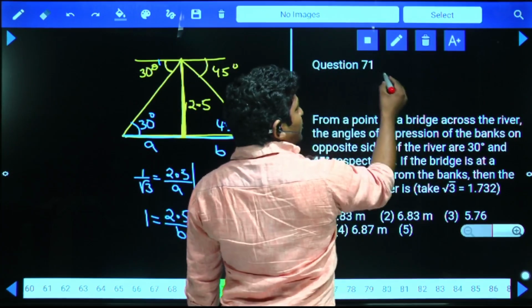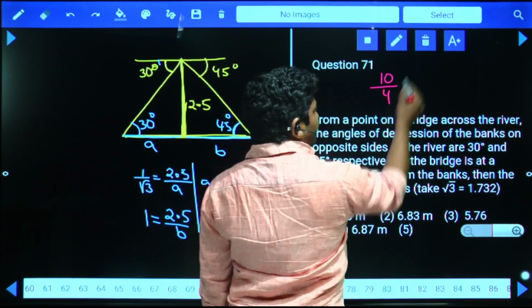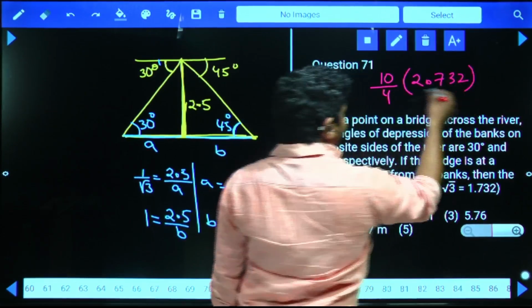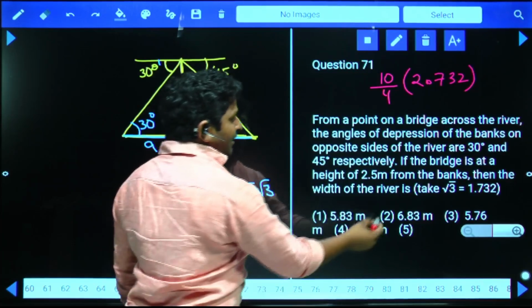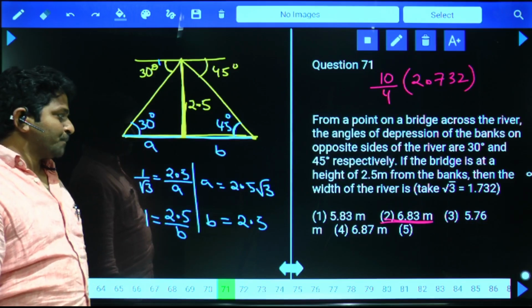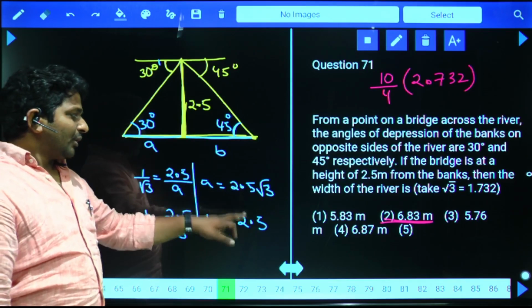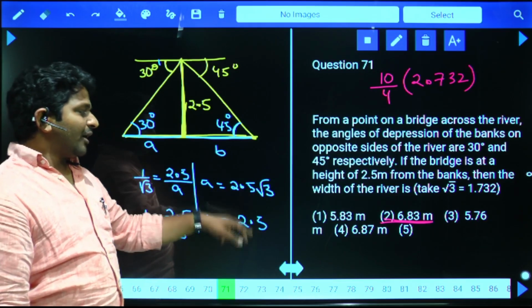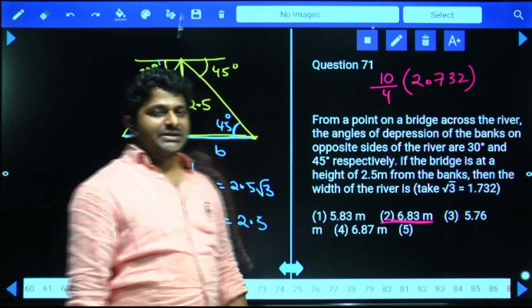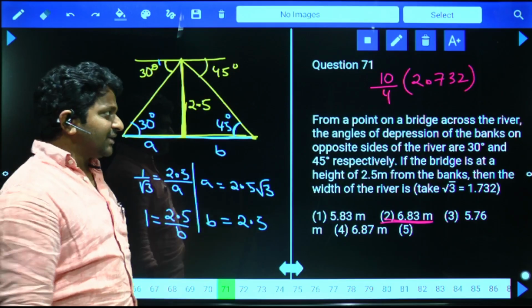Now the value 2.5 we are going to write as 10 by 4 into 2.732. If you solve it, you will get the answer as 6.83 meters. We're just adding A plus B, taking 2.5 common, root 3 plus 1. 2.5 can be written as 10 by 4. Root 3 is 1.732 plus 1, that is 2.732. Just simplification, the answer is 6.83.